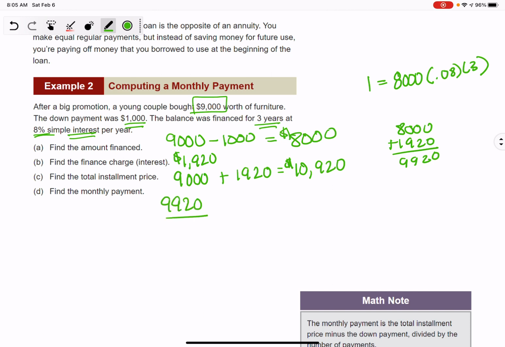The number of payments, well, it was financed for 3 years. So remember, 3 years is the equivalent of 36 months. So we're going to divide this by 36 to tell us how much we'll have to pay each month. $275.56.